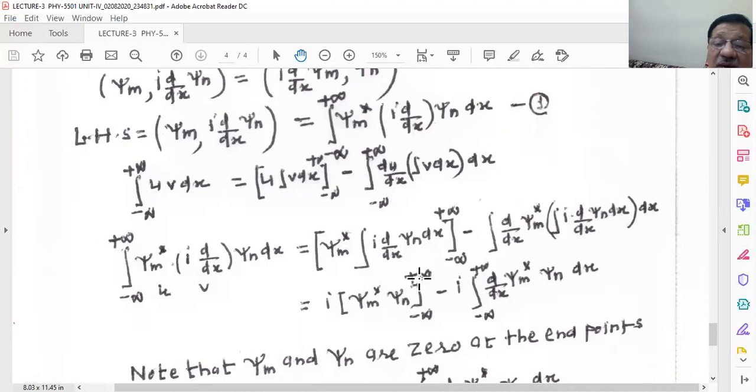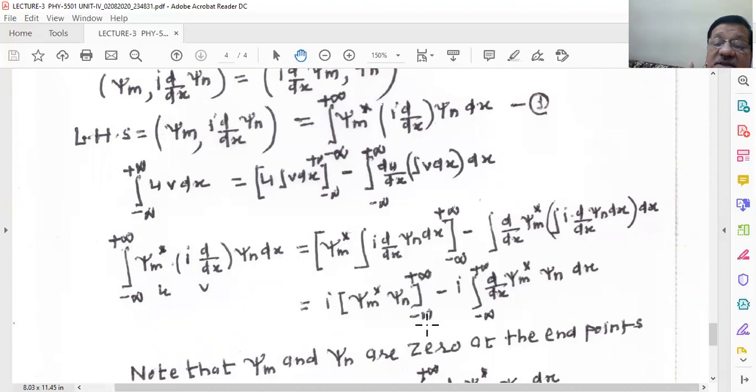So if you take the upper limit and lower limit, your wave functions psi m and psi n are zero at the end points, because wave functions are always finite, continuous and single valued.